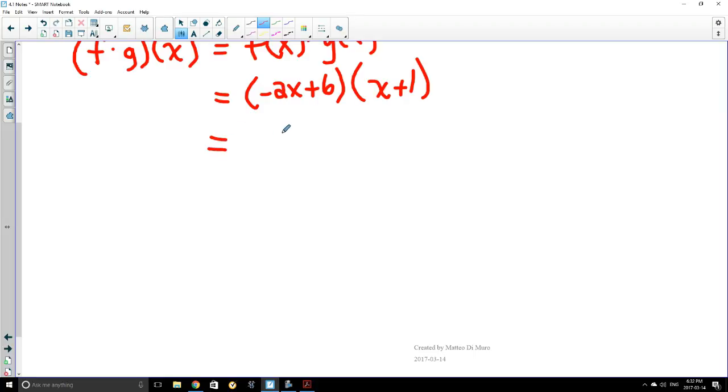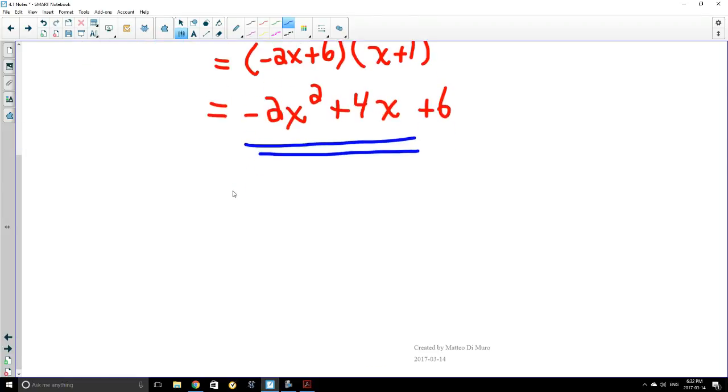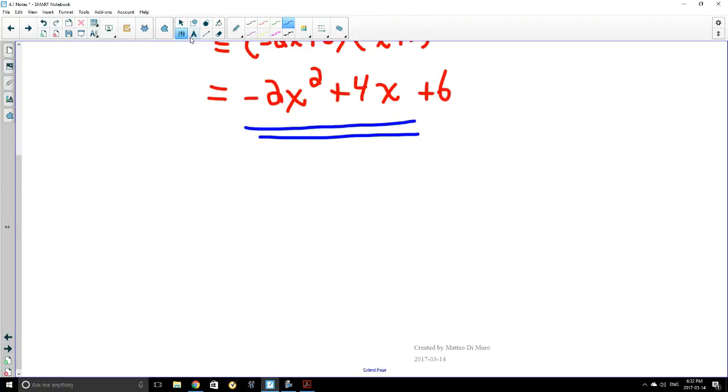We're going to get negative 2x squared, and then negative 2x plus 6, so we're going to get plus 4x plus 6. What is this? Something that has highest degree as a square. Anyone? This is a parabola. So that would be my prediction.